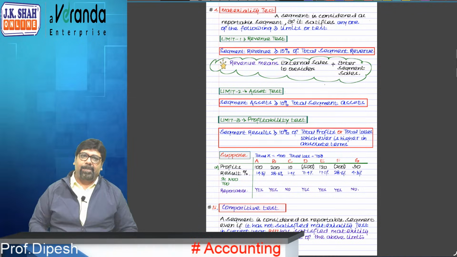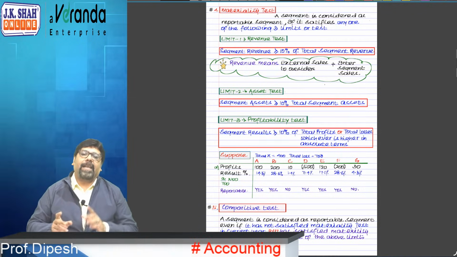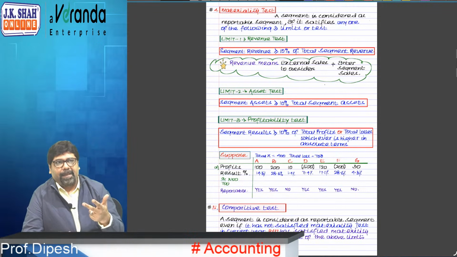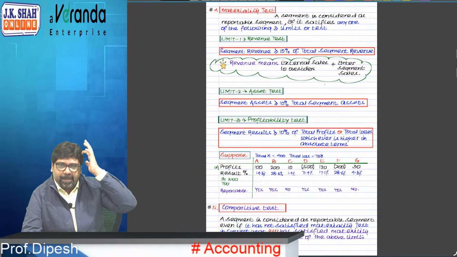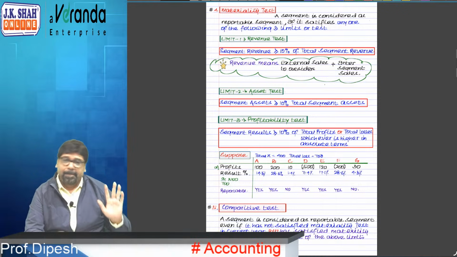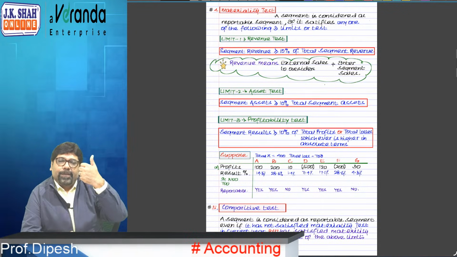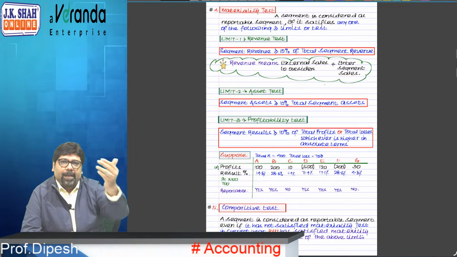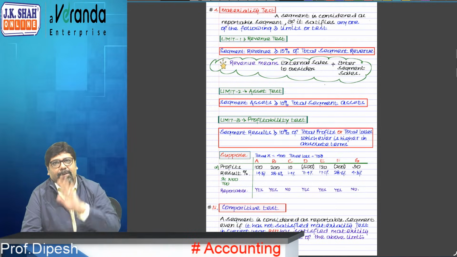A segment is any unit, division, or department which is doing a separate line of business of goods or services, whose operating and financing policies are separate, whose assets and liabilities are separate, whose income and expenses are separate, and whose profit can be identified.